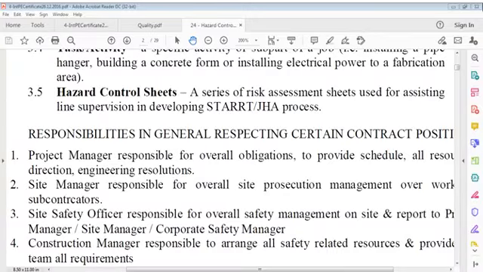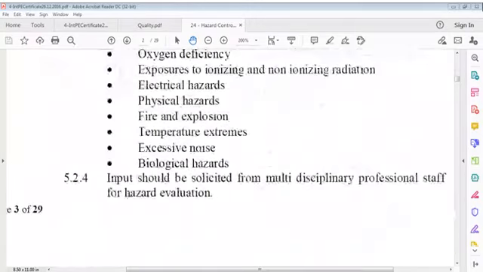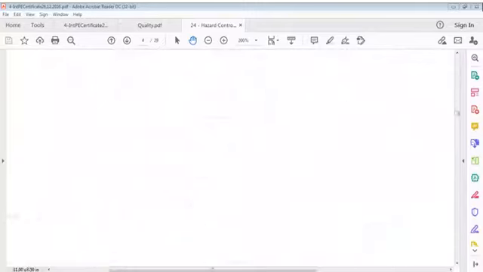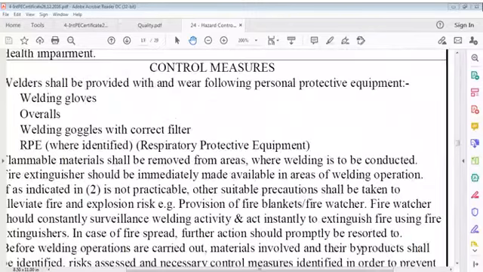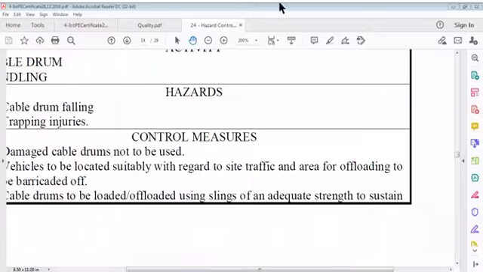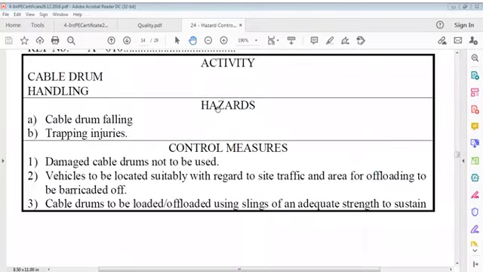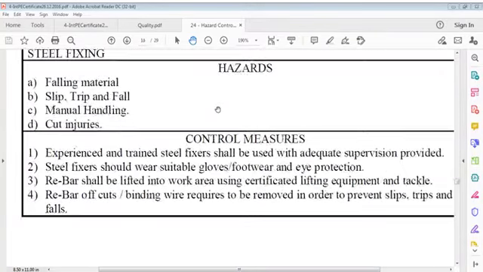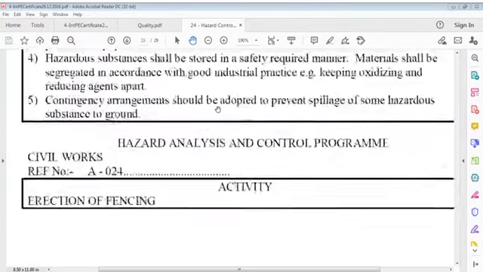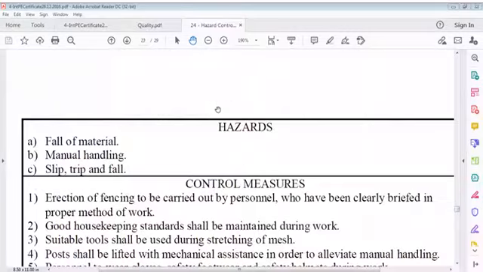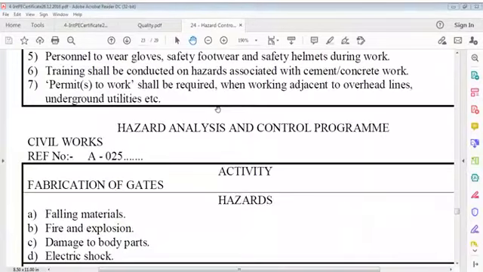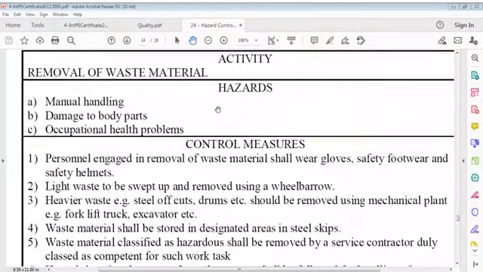And we were somewhere, you can say, last time we were somewhere on concrete. If you remember, we were on concrete hazards. I'll just go back to this one and see, this is the hazard sheets. We had done many items, and I remember it was concrete and removal of waste material.